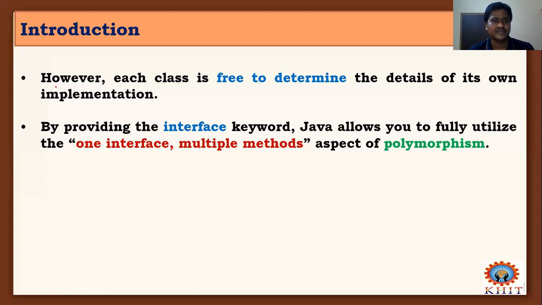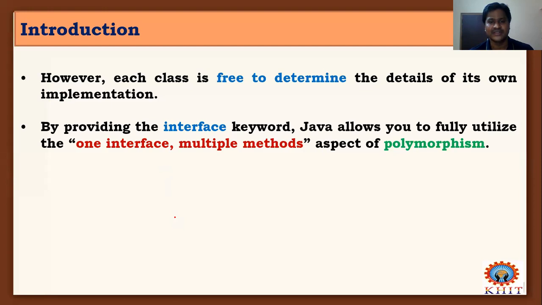But however, each class is free to determine the details of its own implementation. In the previous slide, the last point is that when a class implements any existing or defined interface, all the methods defined in the interface should be implemented by the class.